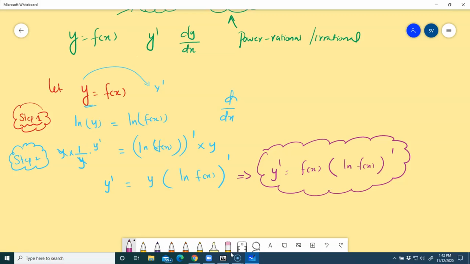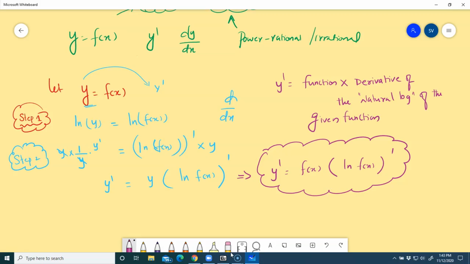So we can conclude like this: y dash, or the derivative of that type of function, is function times derivative of the natural log of the given function. This is actually not a standard rule or standard result. I just concluded this in this way.